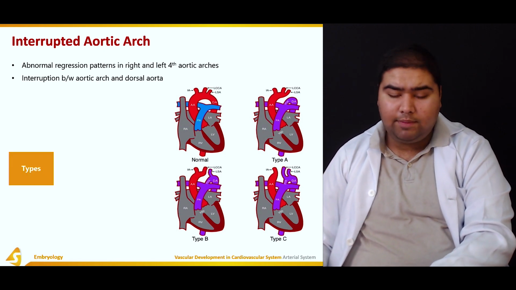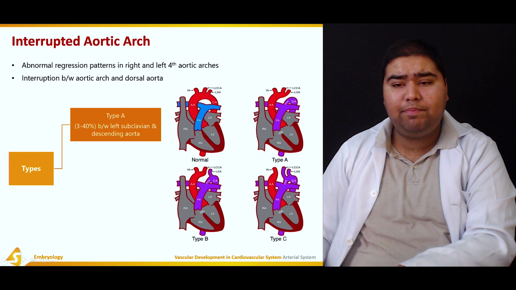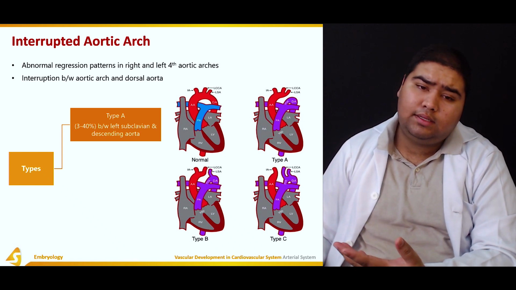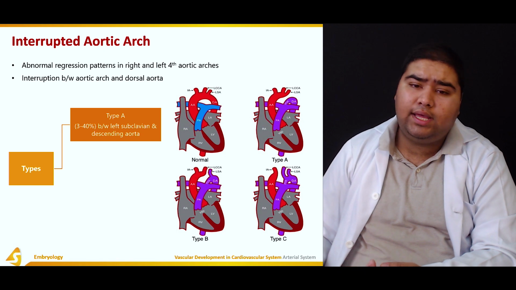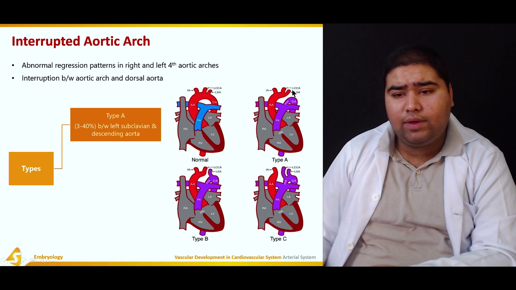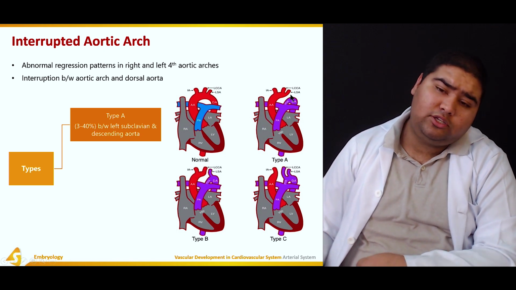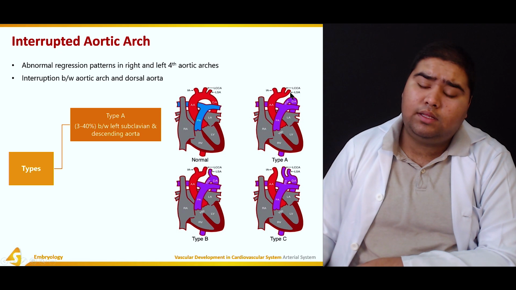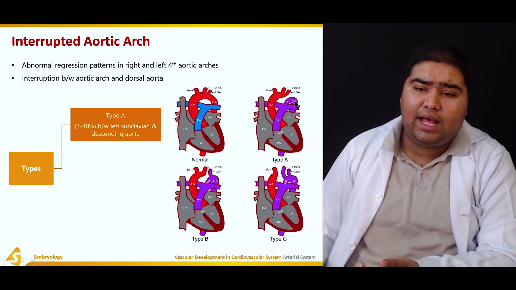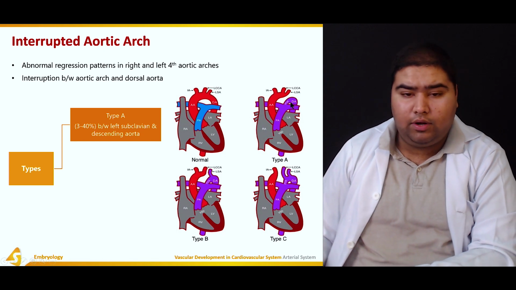There are three types. So type A, we see this is the type in which there is miscommunication between the left subclavian. Here you can see this is the left subclavian artery and the descending aorta. So there is no communication between this arch of aorta, and the segment that is missing is between the left subclavian and the descending aorta.